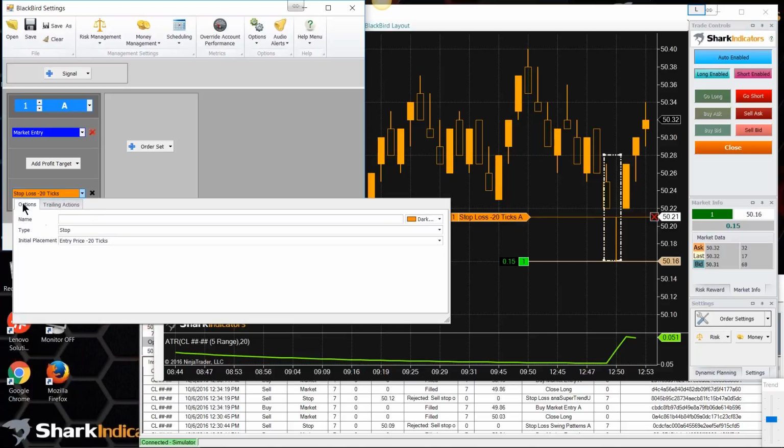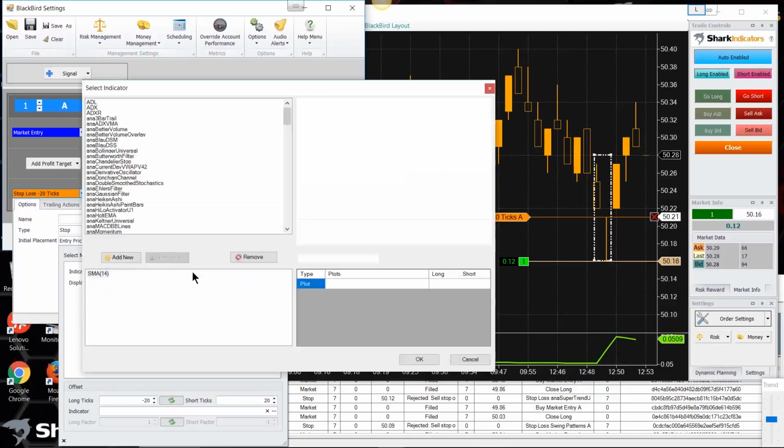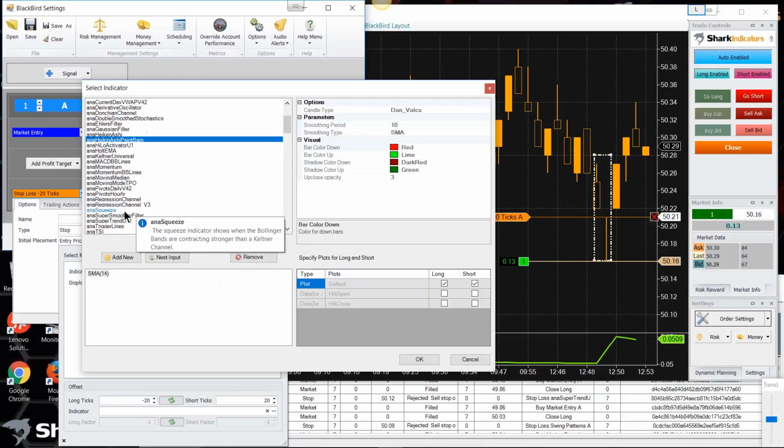So okay, you could set your stop loss to some indicator value. So the initial delay, instead of using a 20 tick, let's say we set an initial placement.